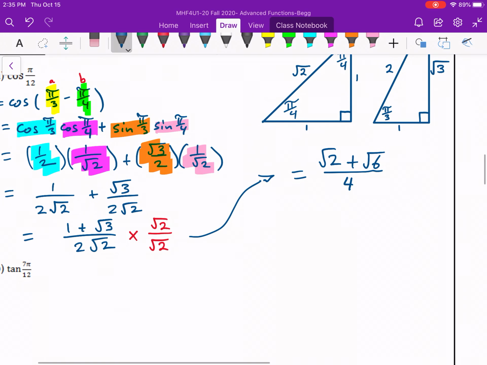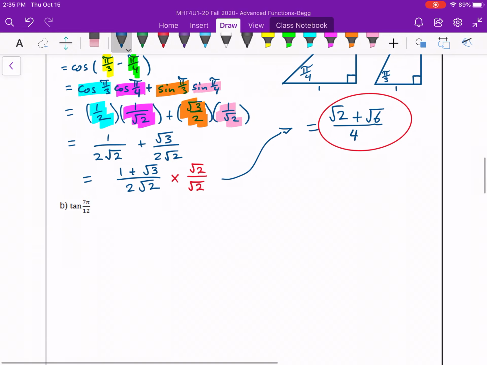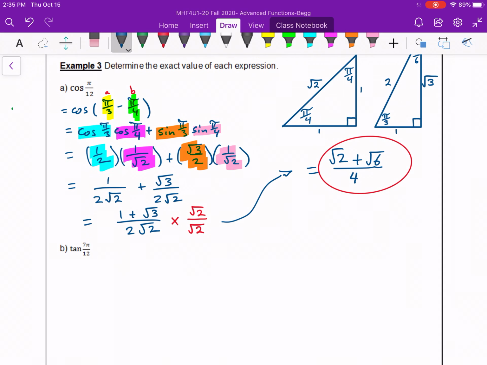There's nothing more I can do to simplify this one, so this would be my final answer. But those are the steps. So let's take a look at another one and think about how we could do this.